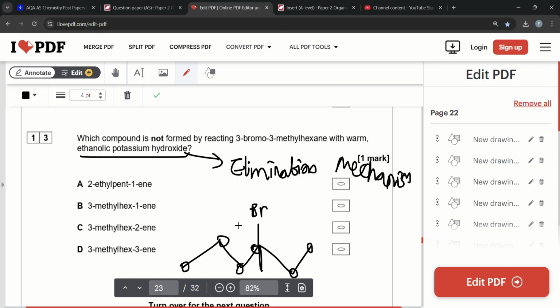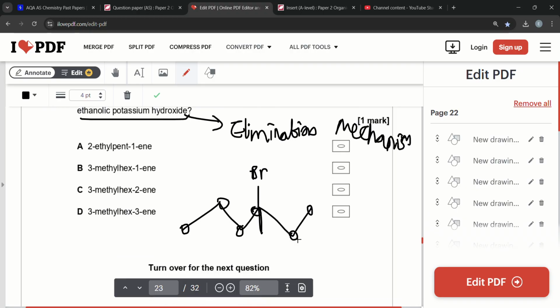Because it's elimination, I have a double bond, and the Br is going to leave. We can have a double bond here, with the methyl group here, or a methyl group here.